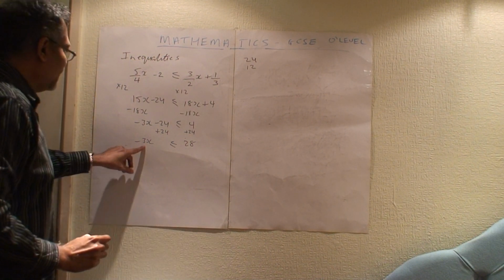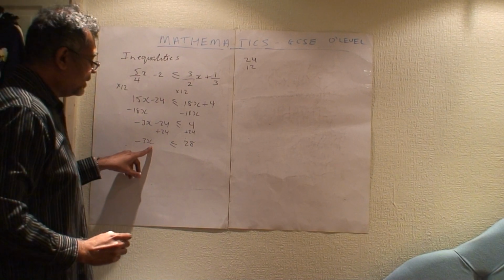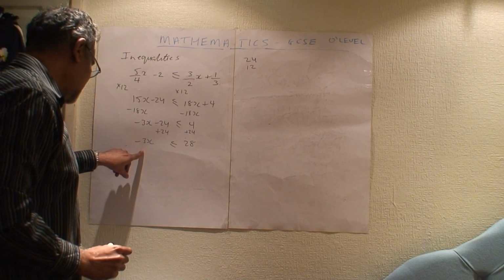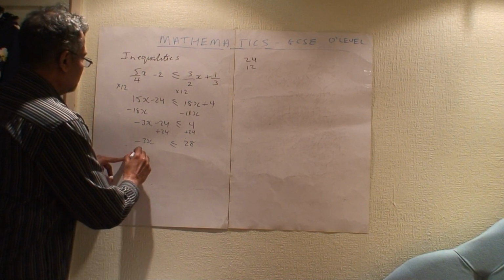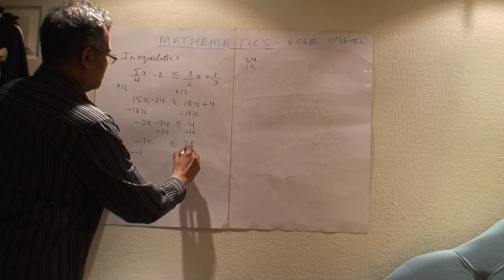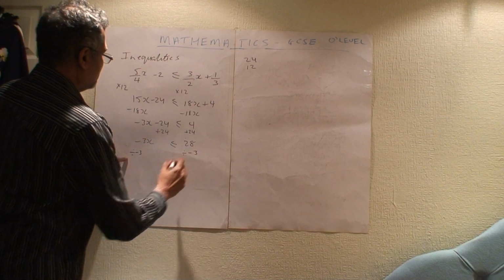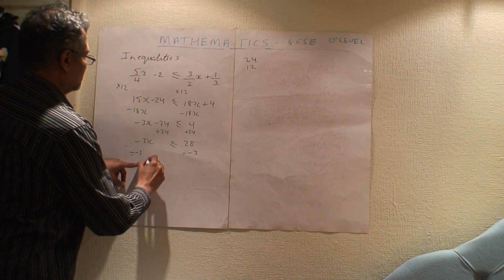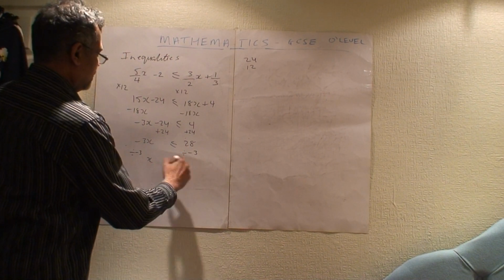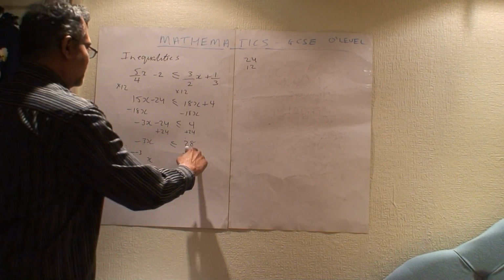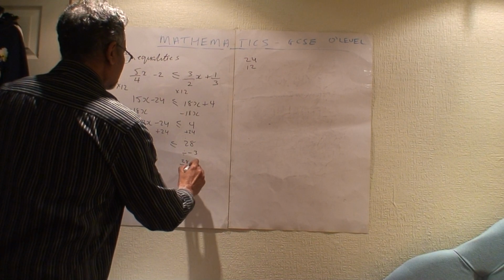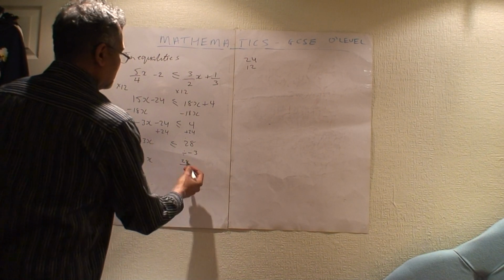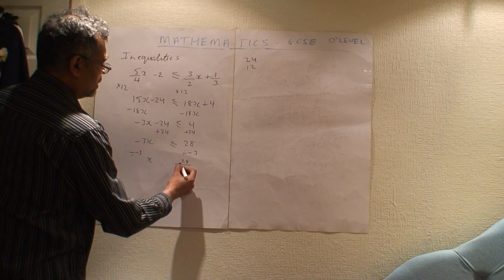Okay, to get the x on one side, you have to divide by minus 3 on both sides. So divide by minus 3, divide by minus 3. We are left with an x there, and 28 divided by minus 3 becomes minus 28 over 3.